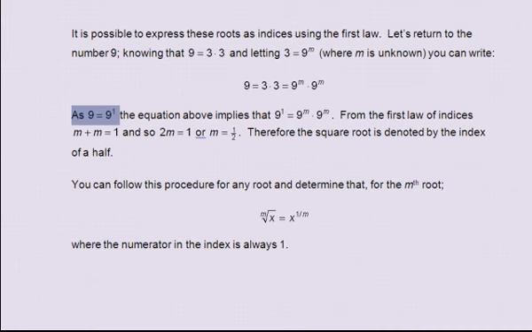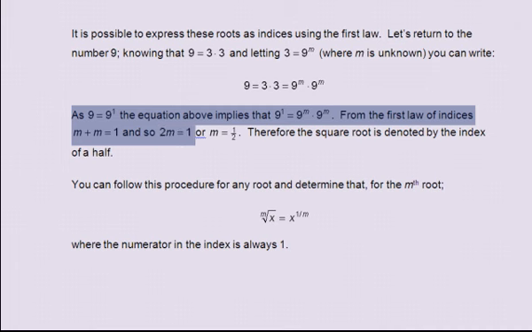As 9 equals 9 to the power 1, the equation above implies that 9 to the power 1 equals 9 to the power m multiplied by 9 to the power m. From the first law of indices, m plus m must equal 1, and so 2m equals 1, or m equals a half. Therefore, the square root is denoted by the index of a half.